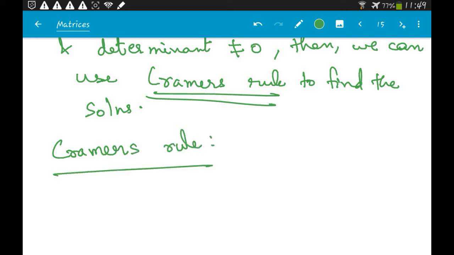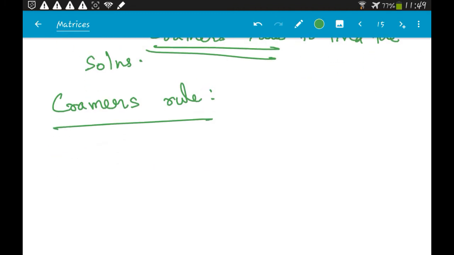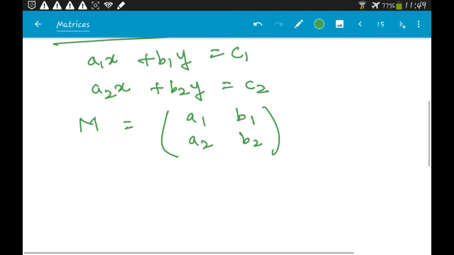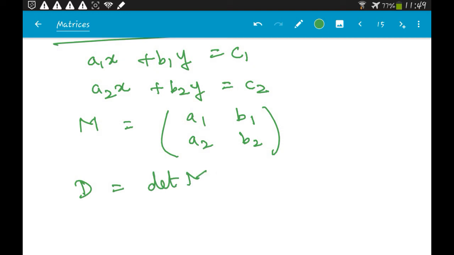So let's say we have this system of two equations. Okay, so a1x plus b1y is equal to c1, a2x plus b2y is equal to c2. So we have to first find the determinant of the matrix. Let's call M the matrix a1, b1, a2, b2. Let's call D the determinant of M. Alright, so what is D?